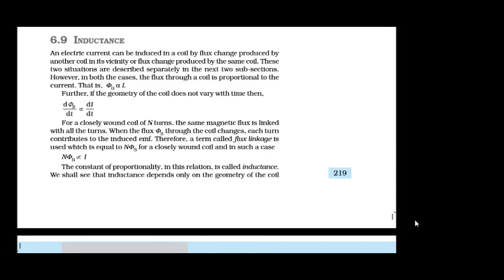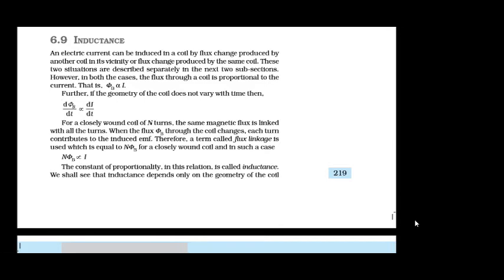So electric current is induced in a coil by changing the flux, either by the same coil or by another coil. These two situations are described separately in the next two subsections. However, in both cases, the flux through the coil is proportional to the current. That is, phi B is directly proportional to I.